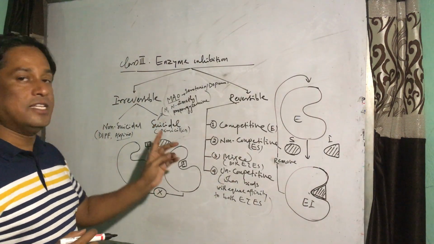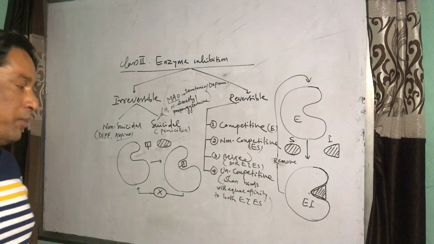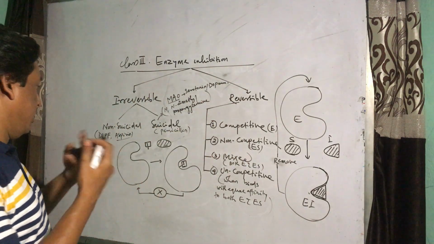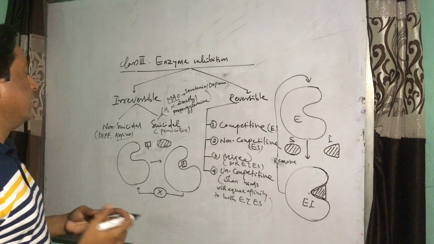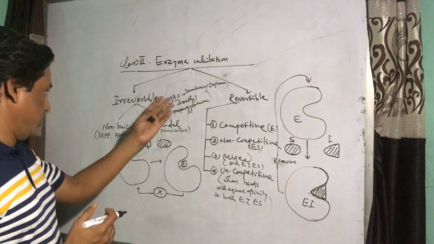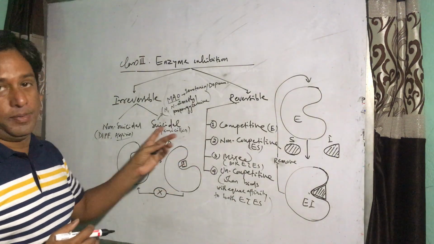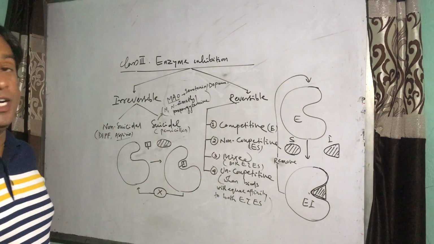So here the enzymes produce the intermediate, thereby permanently inhibiting themselves. In this way, enzymes kill themselves. Therefore, they are termed suicidal inhibitors.